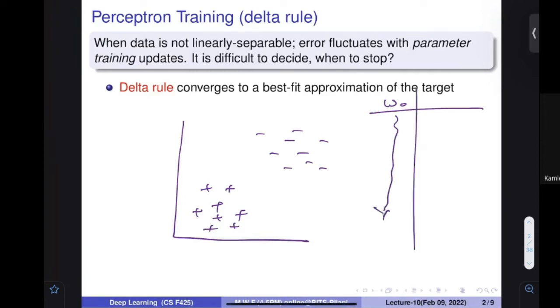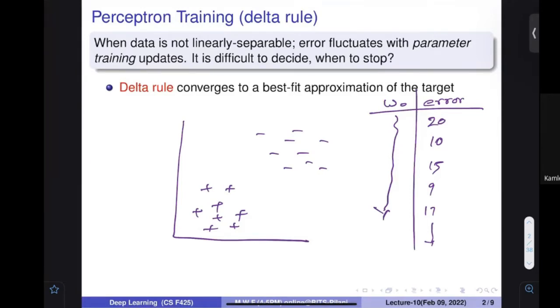We have seen a method by which we keep track of how many points are in error. Initially maybe the error was on 20 points, then it becomes 10, then 15, then 9, then 17, so it is fluctuating like anything.